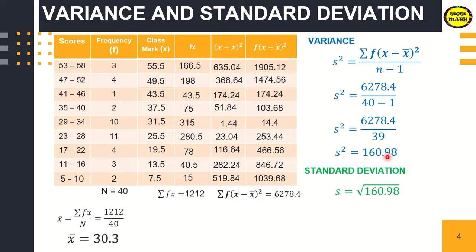Kadalasan kasi into two decimal places, kaya into two decimal places na in hundreds place lang yung nilagay ko, no? So that is get the square root of 160.98 para makuha natin yung standard deviation. So the square root of 160.98 is 12.69. So ganyan lang pagkukunin yung range, variance, and standard deviation of group data.